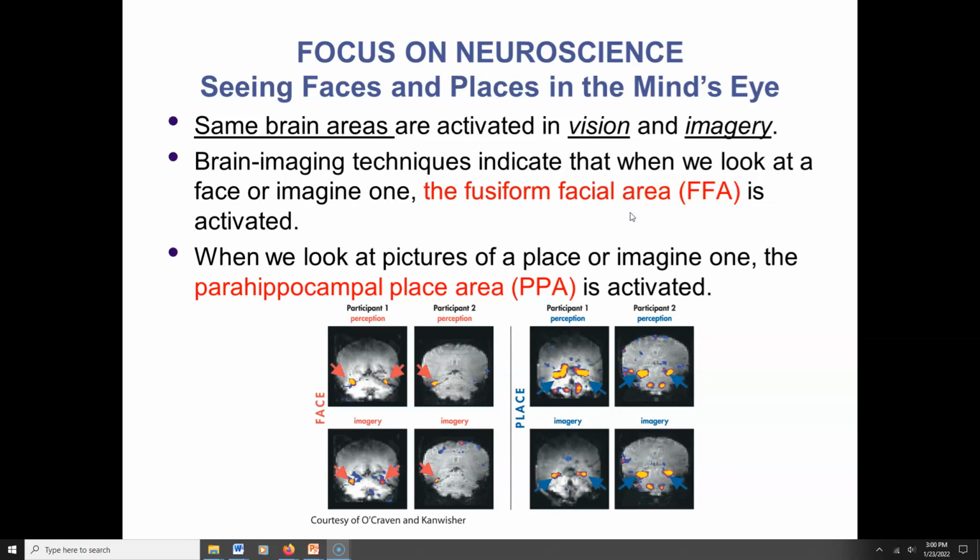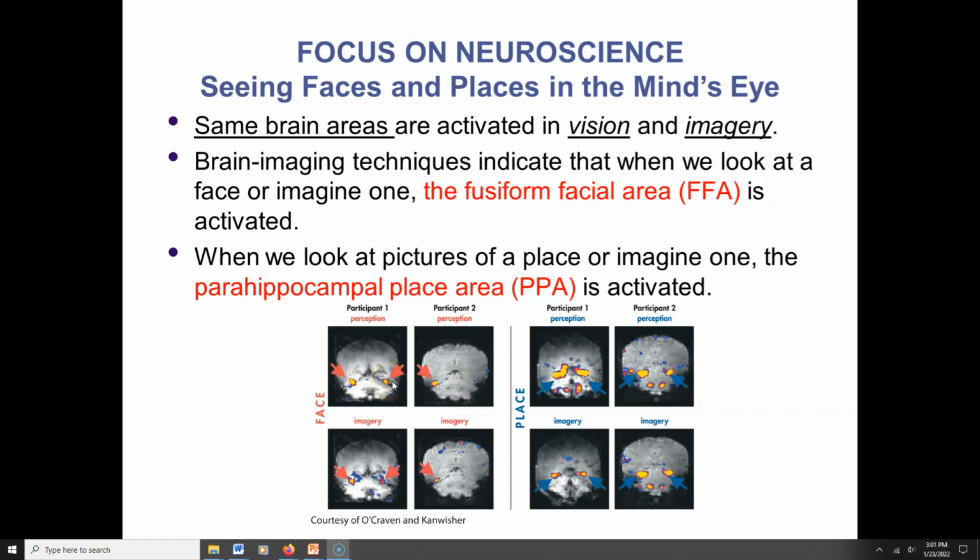So you can see right down here, this is imagery. The top row is the participants when they're actually seeing a face, and you can see certain parts of the brain are lighting up. They are becoming activated.